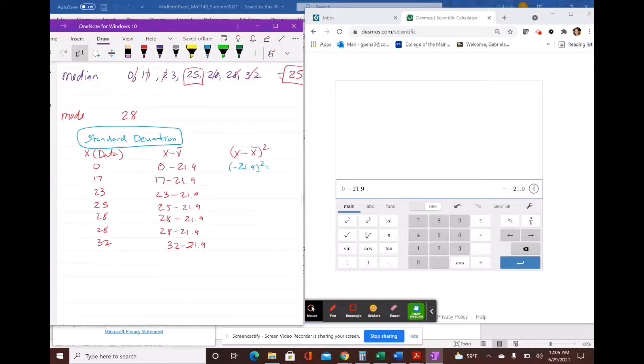So when I square that, I get 479.61. 17 minus 21.9 is negative 4.9, and then I have to square it. So my answer squared is 24.01.